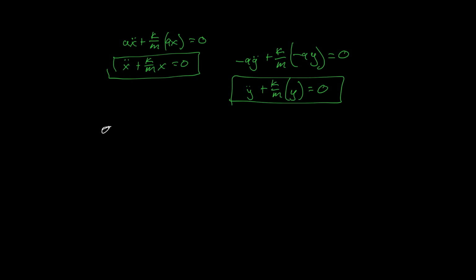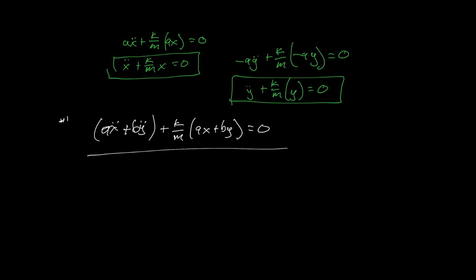So a x double dot plus b y double dot plus k over m (ax plus by) equals 0, number 1. And then our second one is bx double dot plus cy double dot plus k over m (bx plus cy) equals 0.